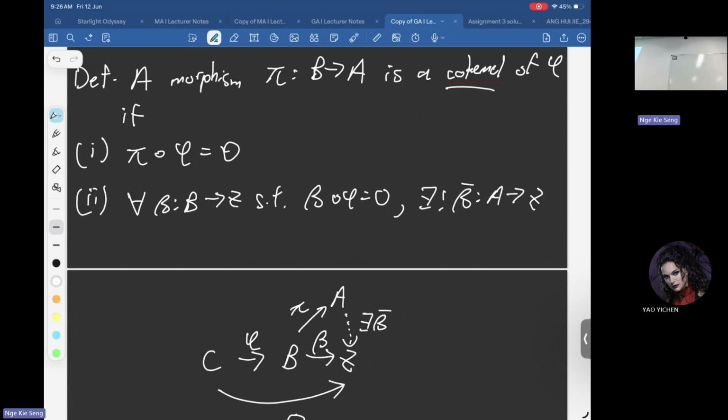But then what you can do is beta could be just a 0 map, then you set everything to 0. Obviously, you compose with phi also go to 0. Okay. But then the co-kernel here must at least send the image of phi to 0.